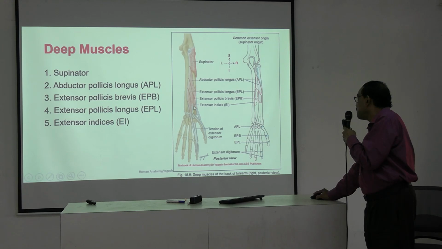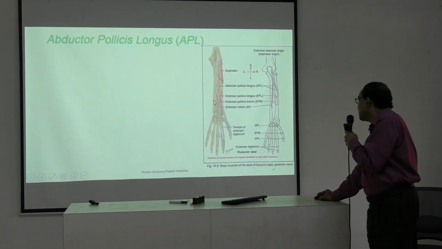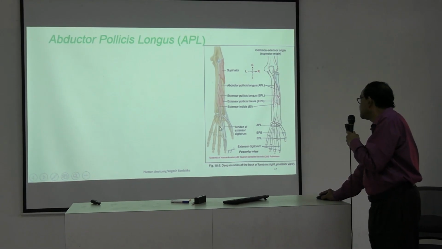Then more medially we can get this muscle, that is the extensor pollicis longus, which is going to the distal phalanx. Abductor pollicis longus is going to the proximal phalanx, whereas the extensor pollicis longus is going to the distal phalanx. And more medially we will get this muscle, this is the extensor indicis.